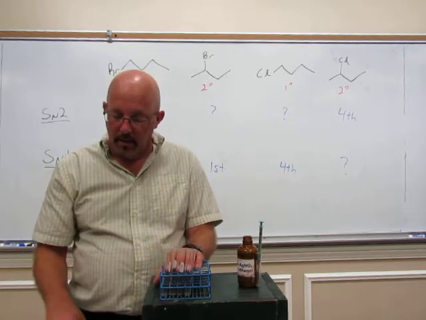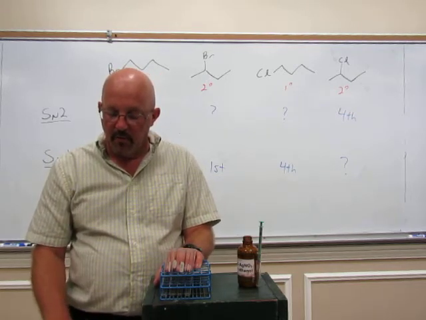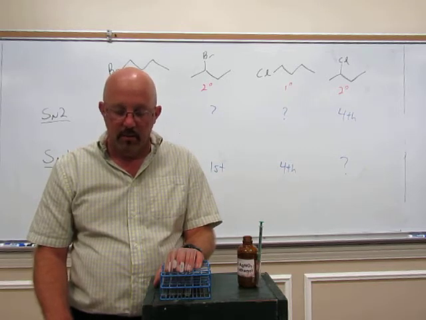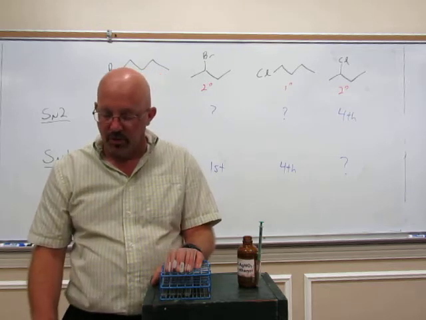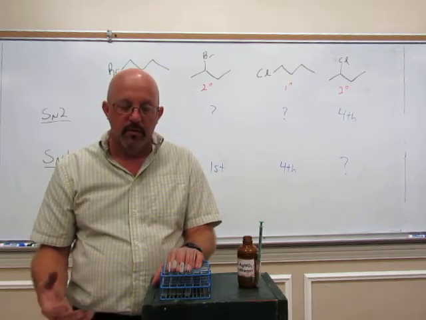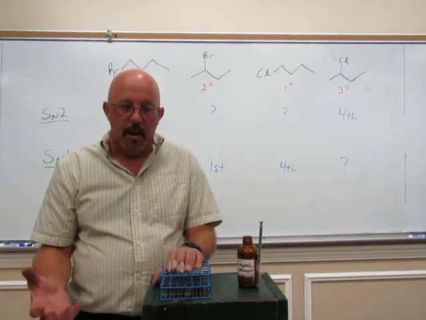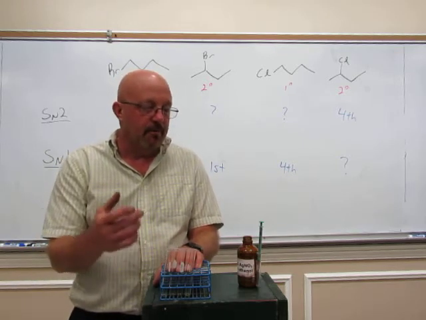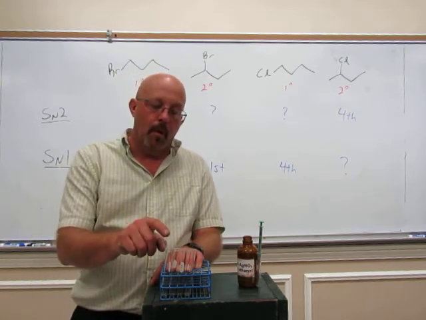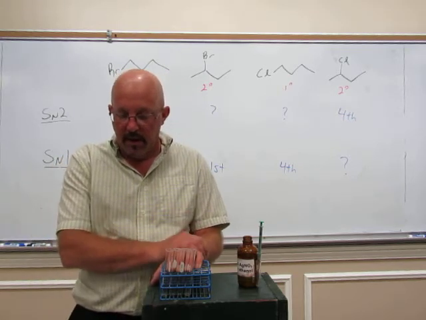You're going to put in 100 microliters of each compound, 1 in each test tube. All of our compounds this week are liquids, so you're going to have 100 microliters in each one. That's 0.1 milliliters. So put 0.1 milliliters in each.